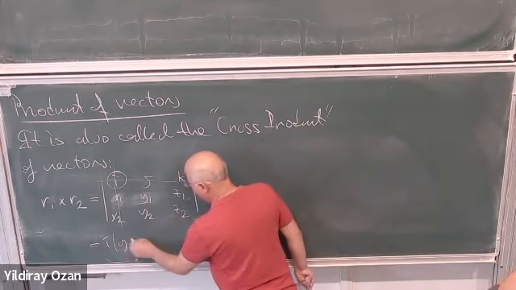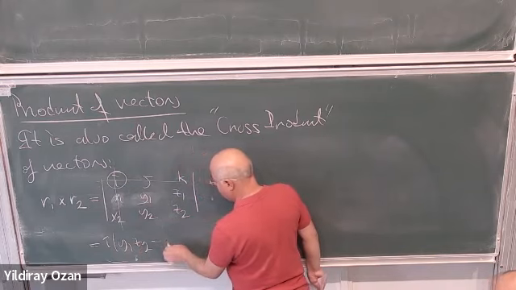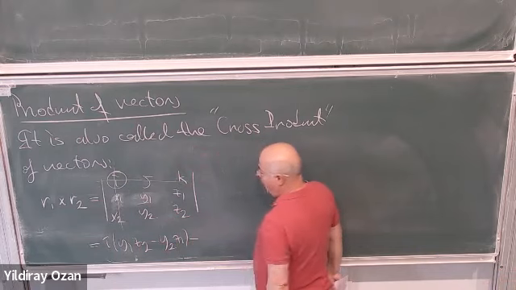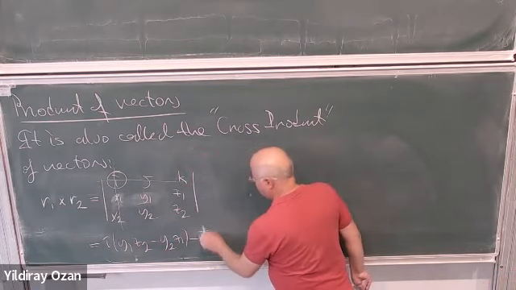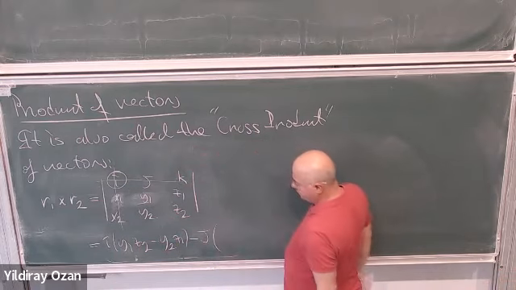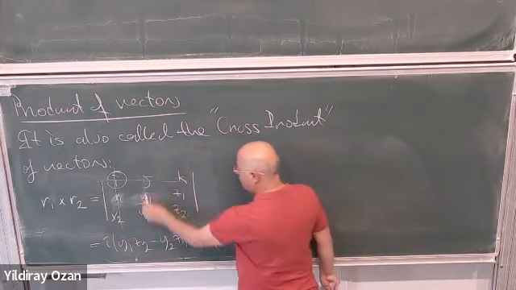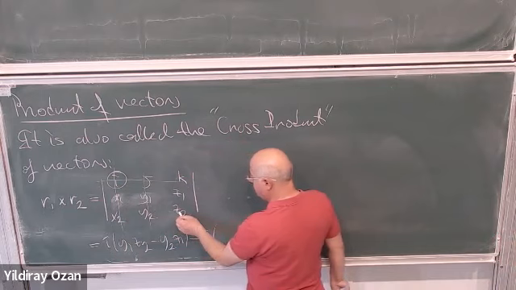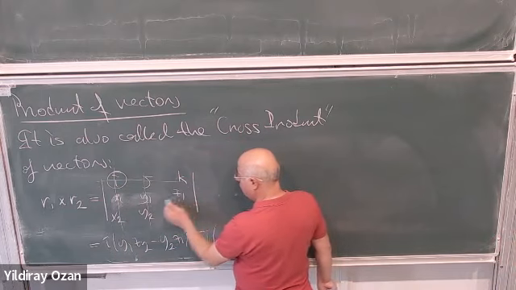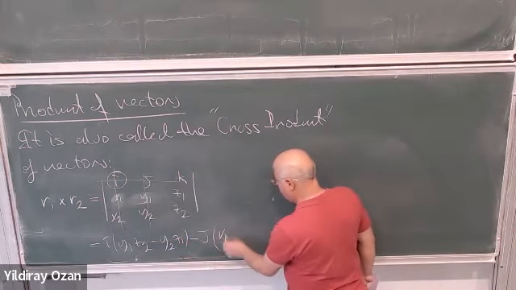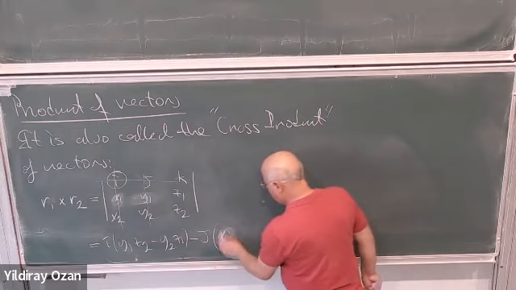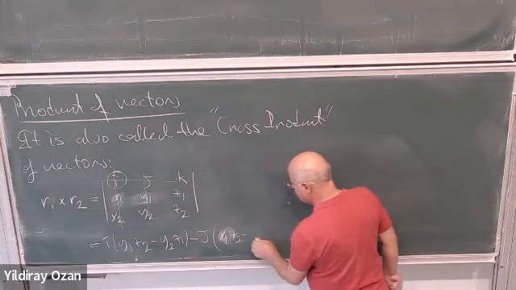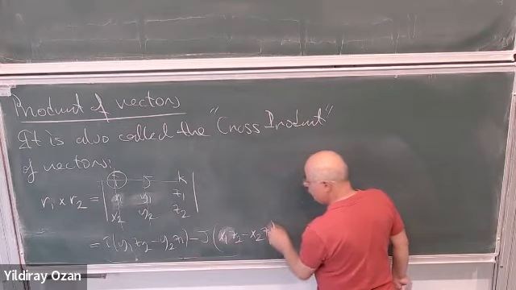So this is y1 times z2 minus y2 times z1. And then j times, I cross this row and this column. What is that? x1 z2 minus x2 z1.